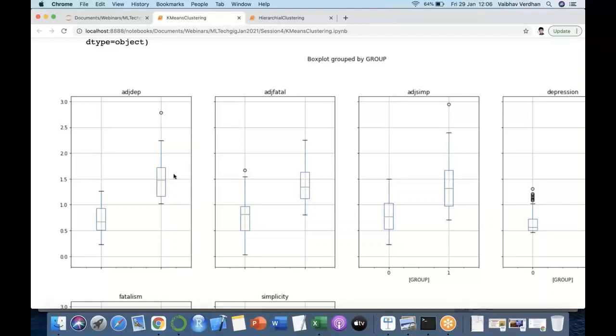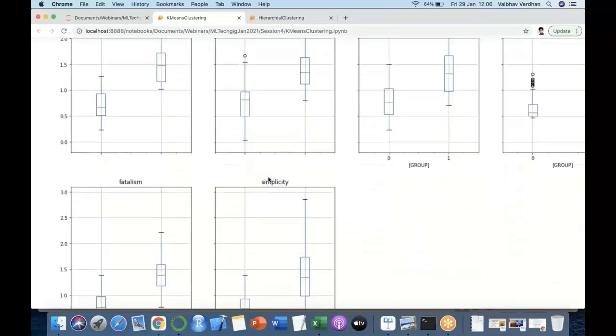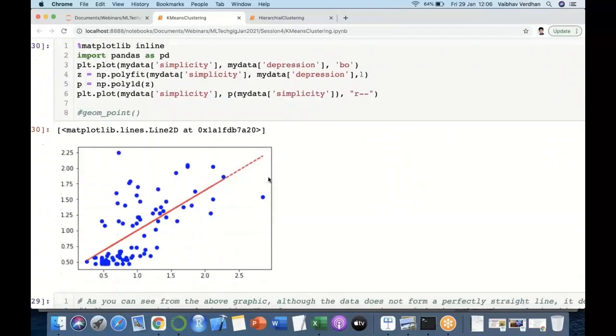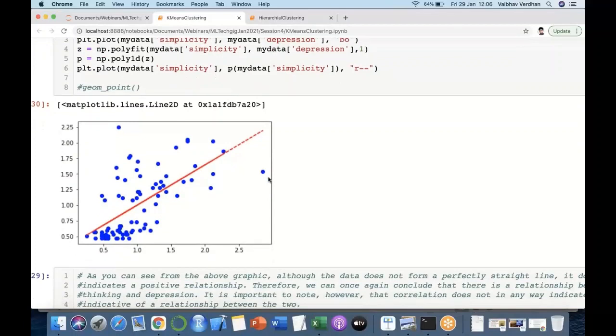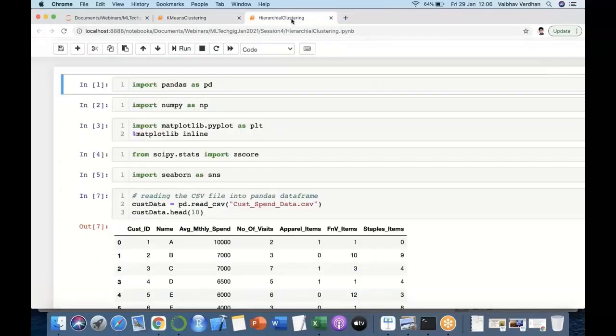We should have different distributions for different clusters. Finally, on a line chart, we have shown the relationship between different attributes, which is not very important for unsupervised learning, but we have at least shown that. You can use this code and take the data from GitHub and replicate the results.